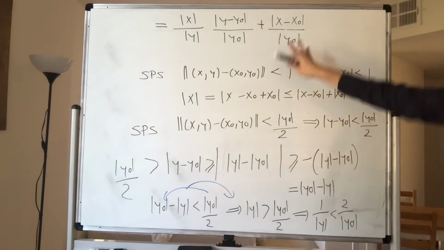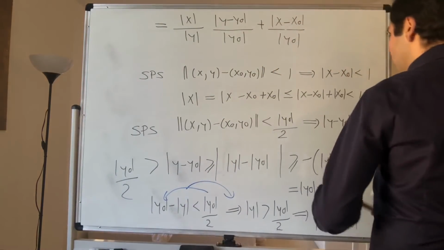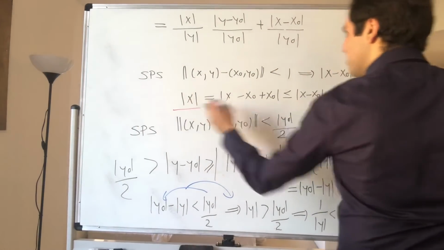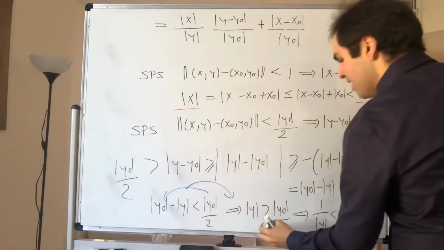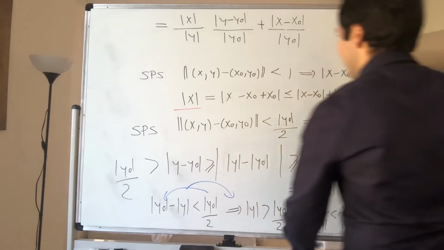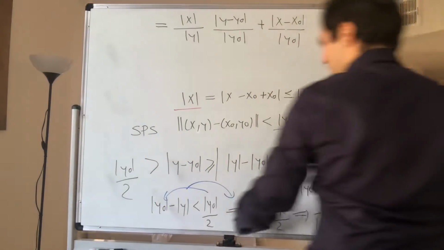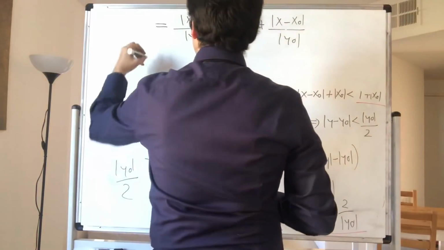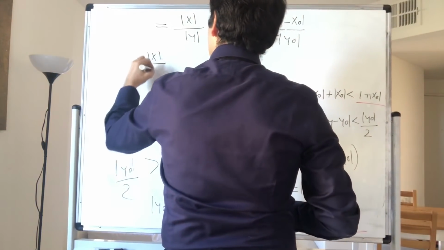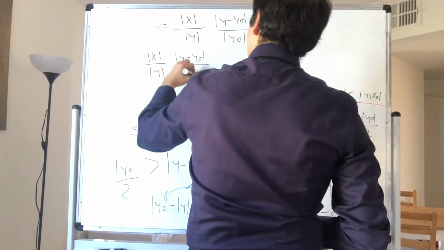Okay, and now we can finally deal with this. So we finally got our good inequalities. We found that |x| is less than 1 plus |x naught|, and we found 1 over |y| is less than 2 over |y naught|. So let's just combine this. And we get, in general, |x over y| and let's say |y minus y naught| over |y naught|.